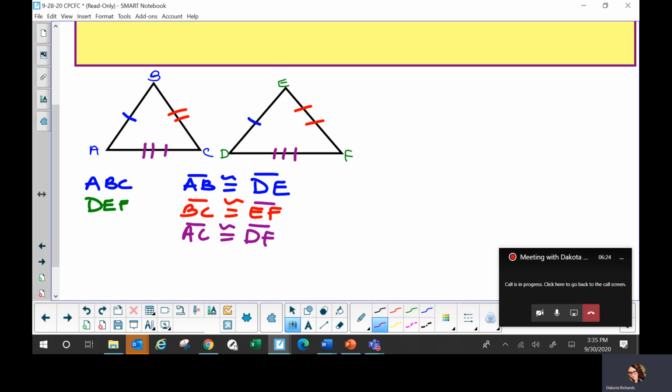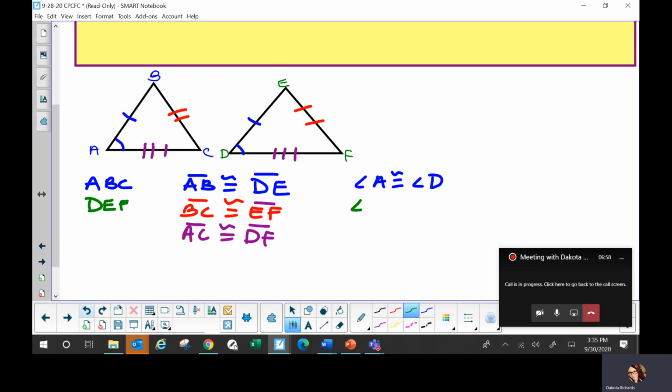Now, you need to label your corresponding angles. So we have angle A is congruent to angle D. Do you see how they line up? Angle A is congruent to angle D. And then next, angle B is congruent to angle E. That looks bad.